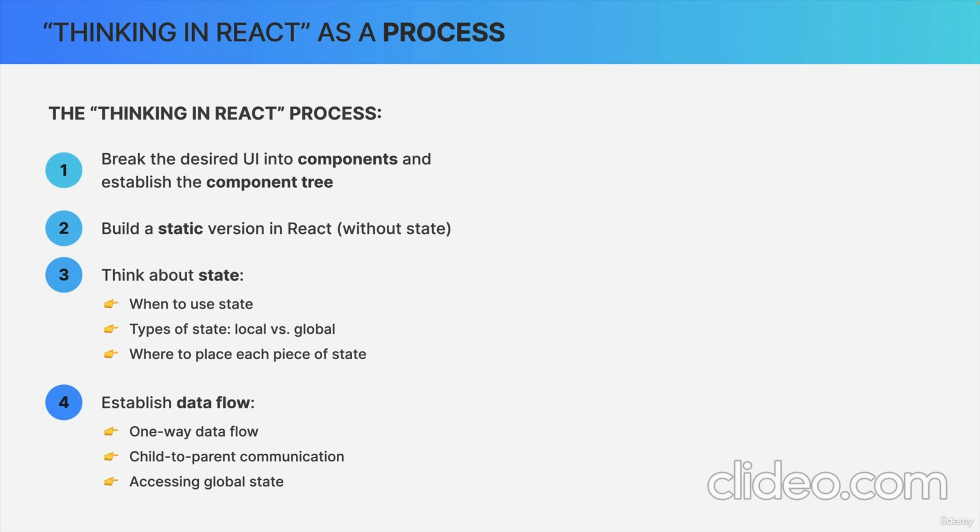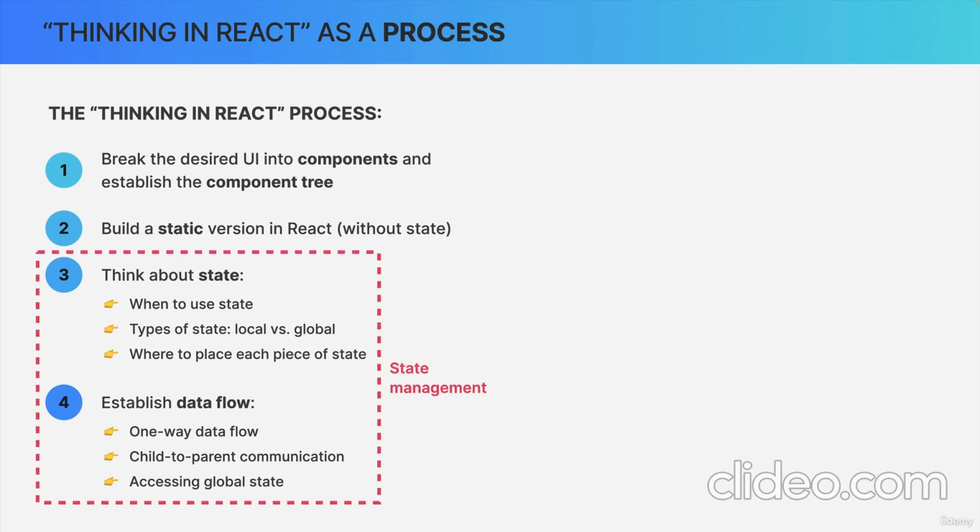So these points 3 and 4 is what we collectively call state management, which is the main focus of this section. Now, of course, this is not a rigid process that we always need to follow to the letter. In practice, there's always a lot of back and forth between these different steps, and things are never this linear. But it's still good to have a process like this as an overall guideline.